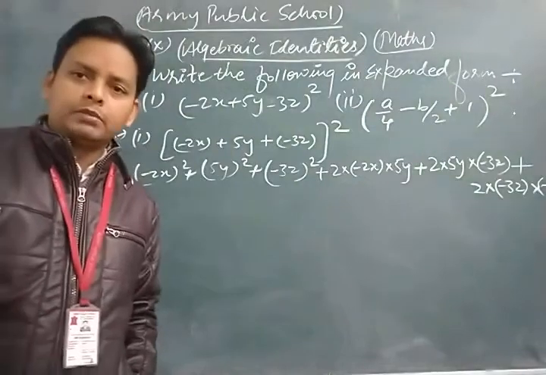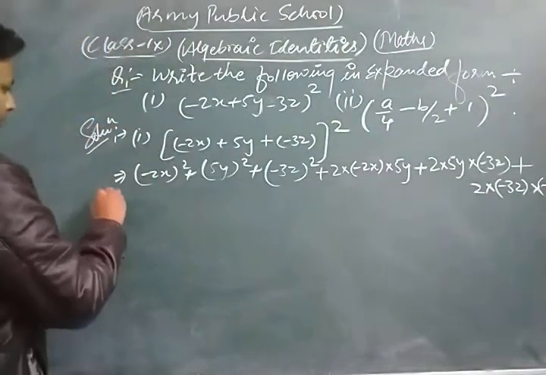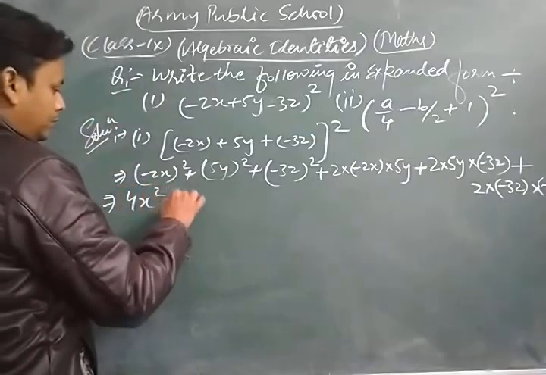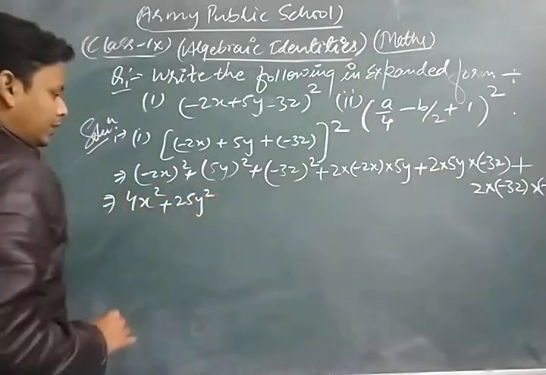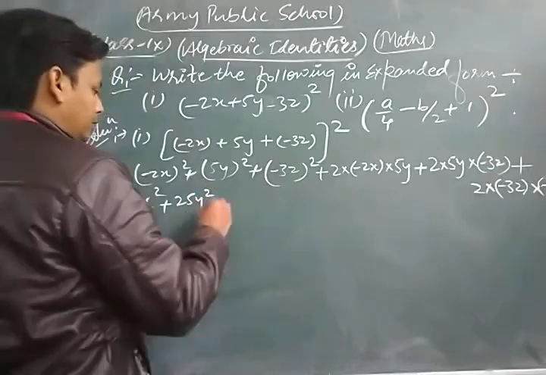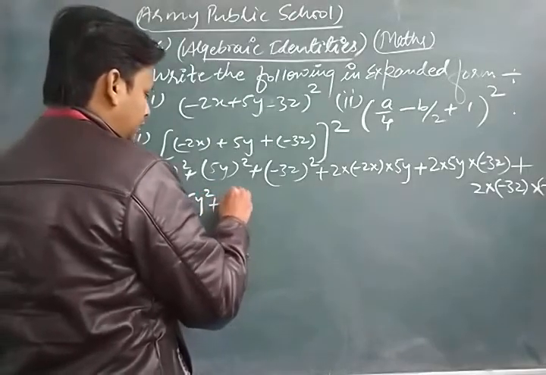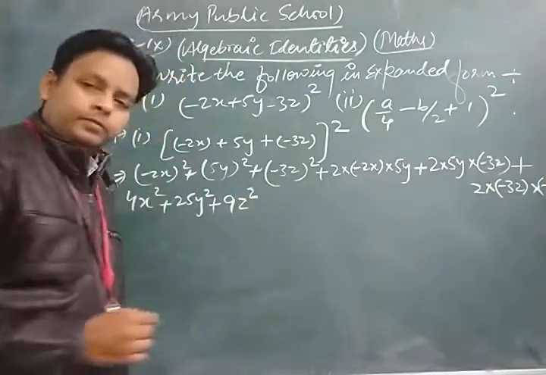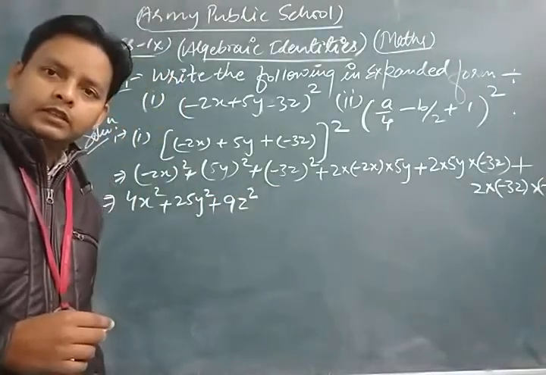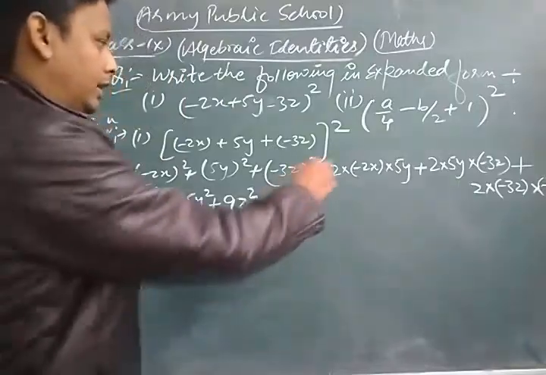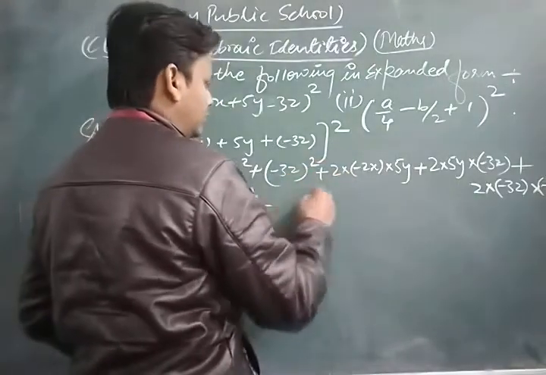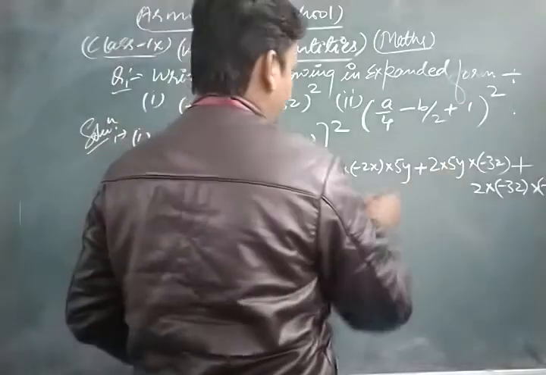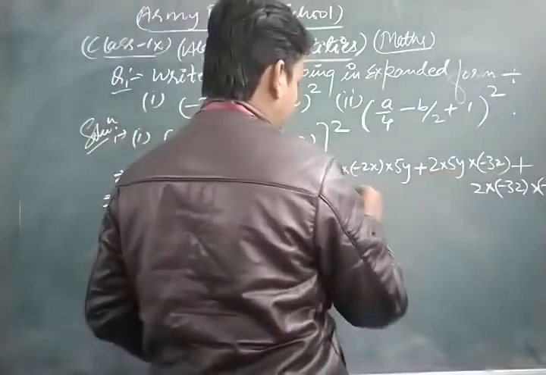So now we simplify them. Dear students, let's see. We have plus 4x square, plus 25y square, plus 9z square, and plus minus 20xy, plus minus 30yz.